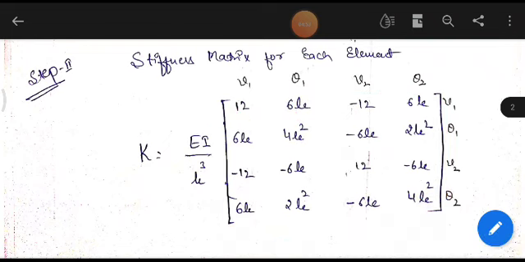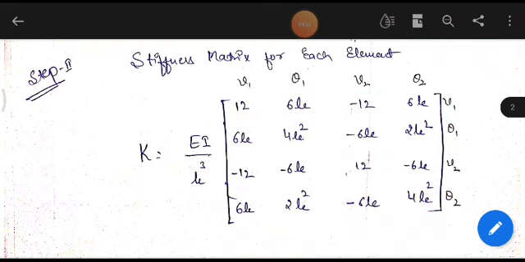You go through it once, you pause the video, you go through these elements, and you substitute the values of EI, L, and here we have L square, where L is nothing but the length of the element.